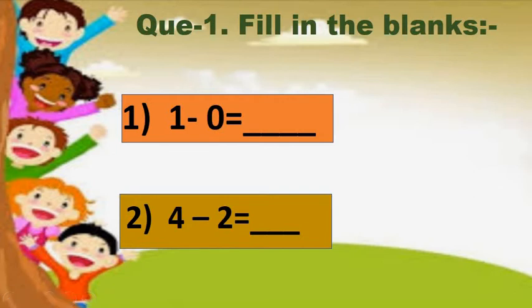Now, before we start our revision, I request all of you to write from heading to ending with me. So, I hope you will complete the heading in your book. After writing the heading, leave one line and write first FB. First FB is 1 minus 0 is equal to dash.